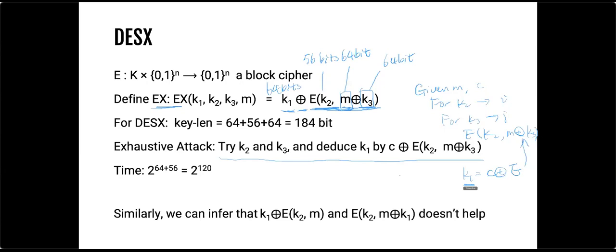Now what you're going to do next is try another pair of M and C. Let's say this is M prime and C prime.